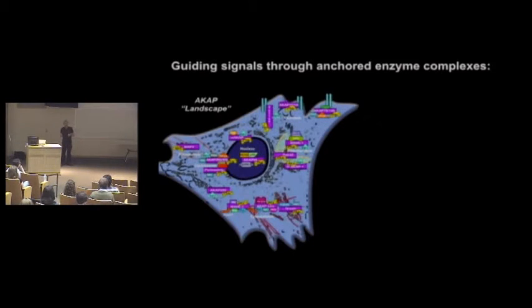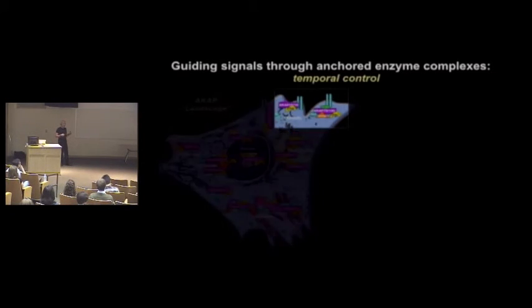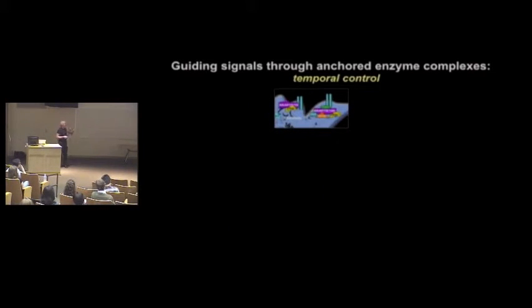But as I mentioned, time is equally important. And to understand time in the context of these molecules and these complexes, I'd like to focus on these 2 anchoring proteins that we've identified that are physically associated with ion channels.